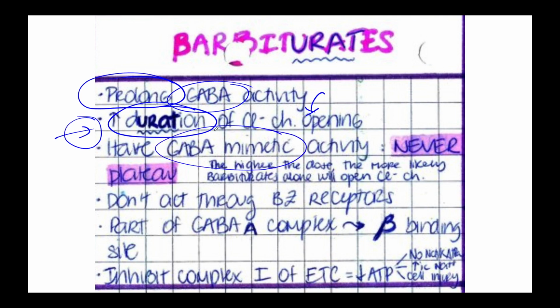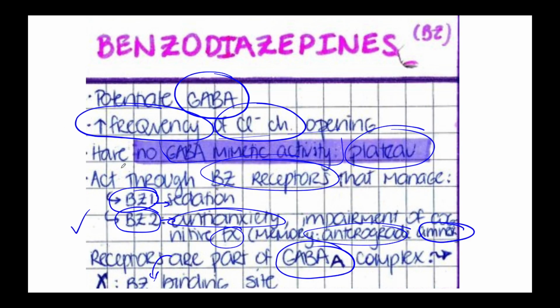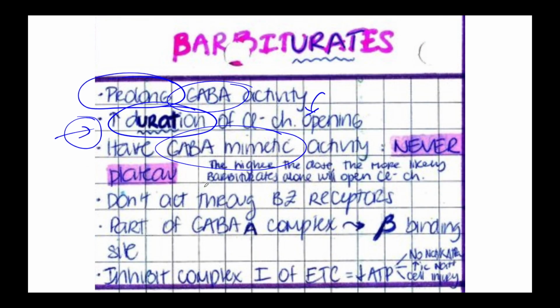Barbiturates have a GABA mimetic activity, whereas there is no GABA mimetic activity for benzodiazepines. Barbiturates never plateau and they don't act on the benzodiazepine receptors, and they are part of the GABA A complex, the beta binding site.